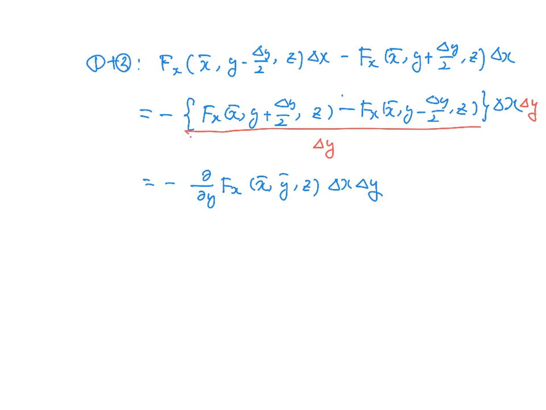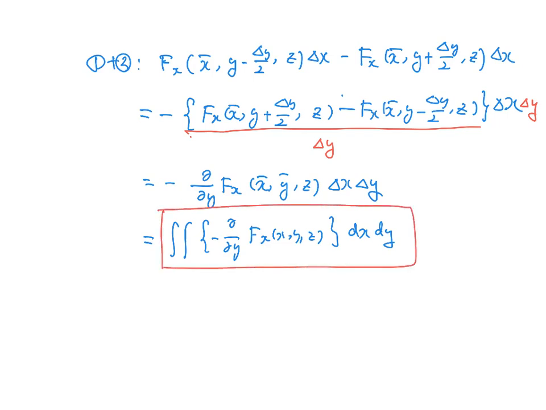And then you can apply the mean value theorem back, as minus the integral of partial fx over partial y dx dy, right? We can do the same thing for the other pair, so remember this formula. We have done only half of the integral.